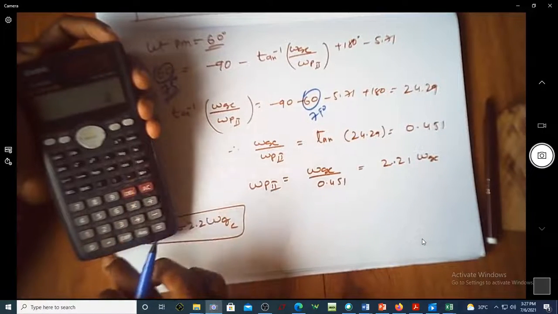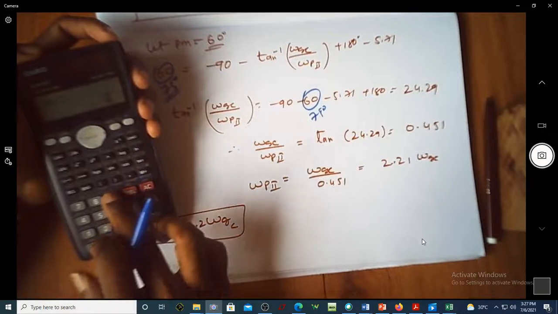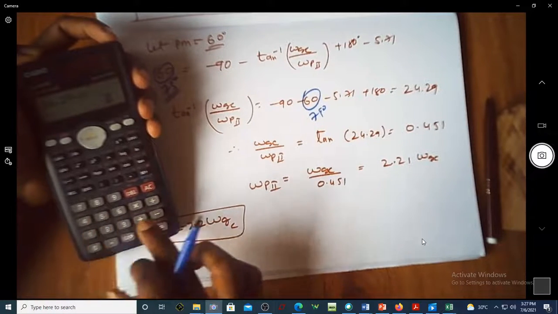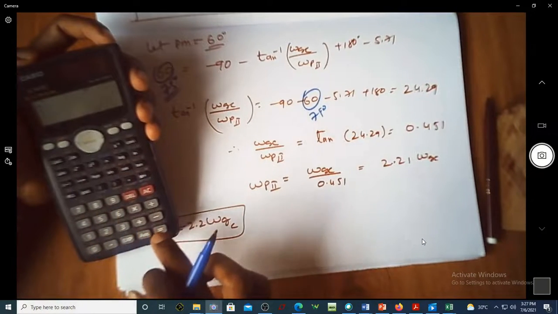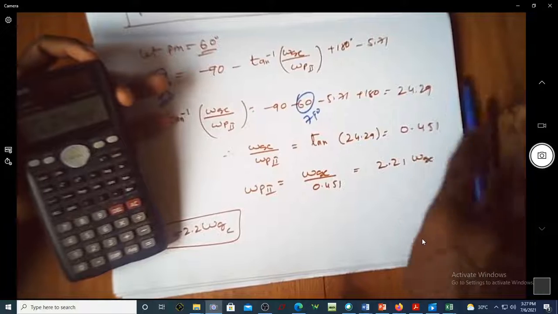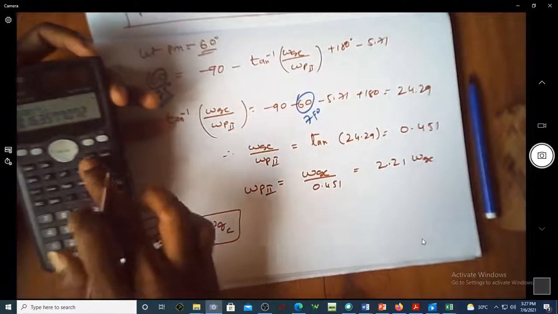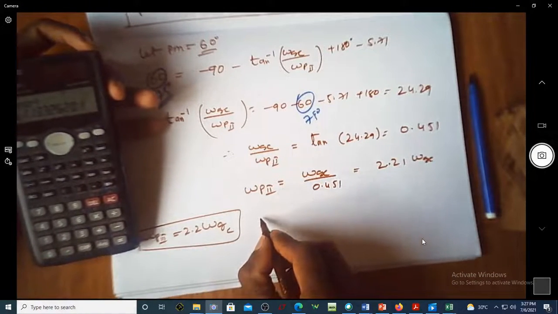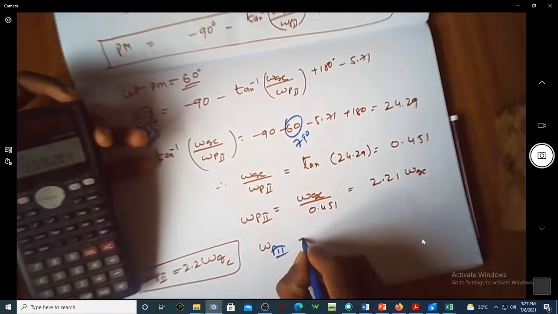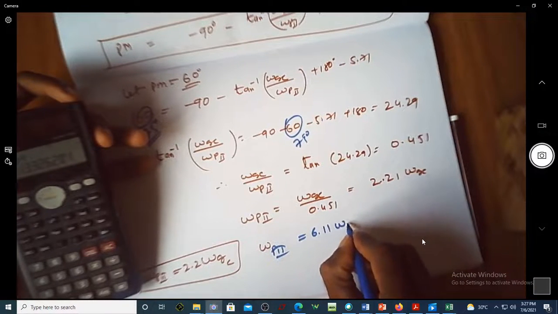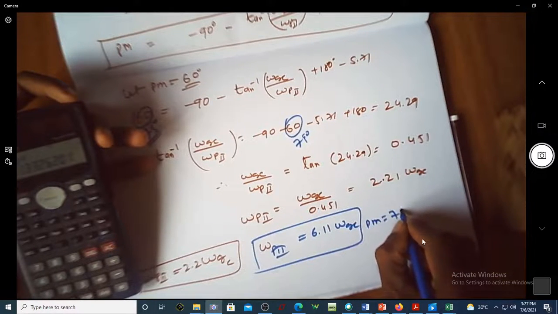It will be 24.29 minus 15 degrees, which is 9 point something. Tan of that answer gives that omega p2 should be located at 6.11 times omega gc if you want to have a phase margin of 75 degrees.